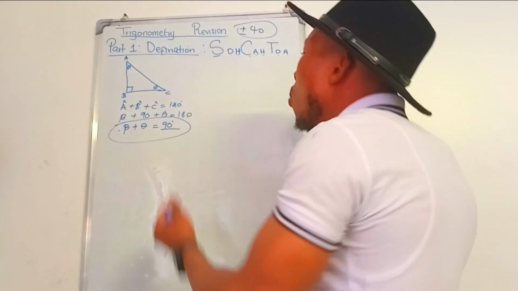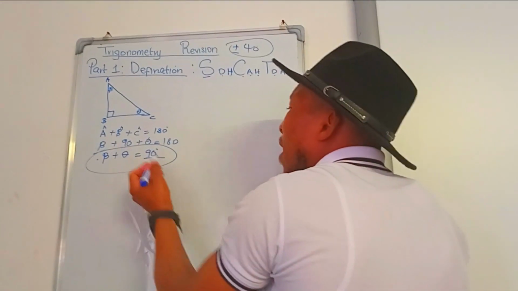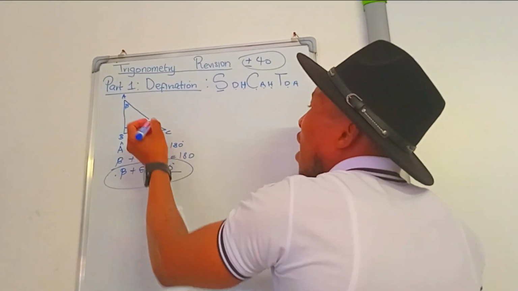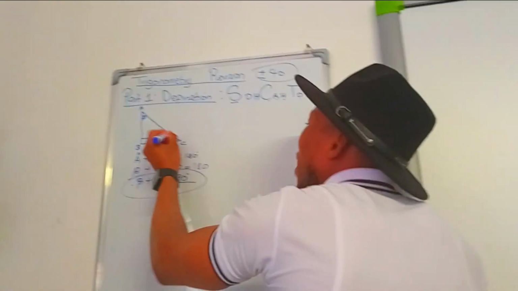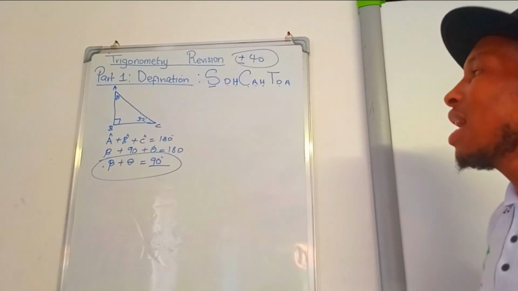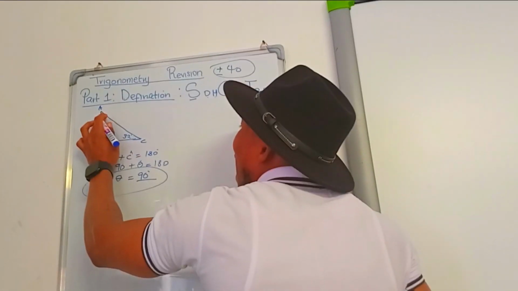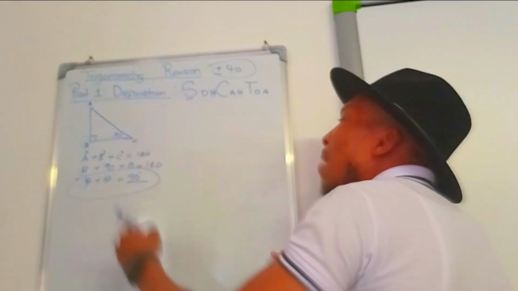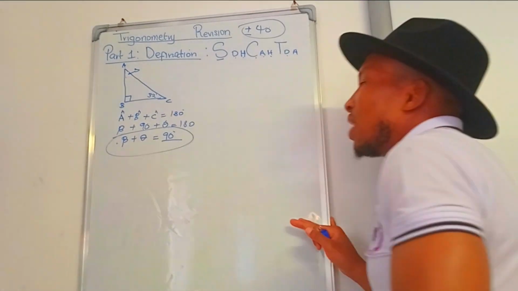Then why is it important to know that the sum of these two angles must give 90 degrees? It's because on the exam they're going to give you one angle. Sometimes they're going to say this angle is 32 degrees. Then we find the other angle by using the sum of angles in the triangle. It is very, very important to know how to fill out the angle.